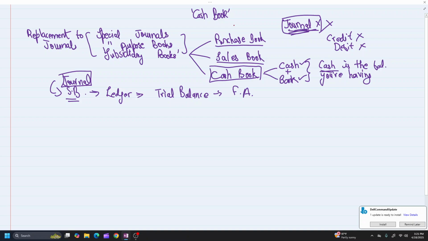So in the cash book we are going to record transactions.